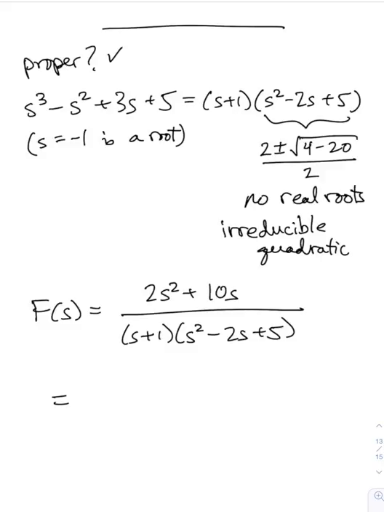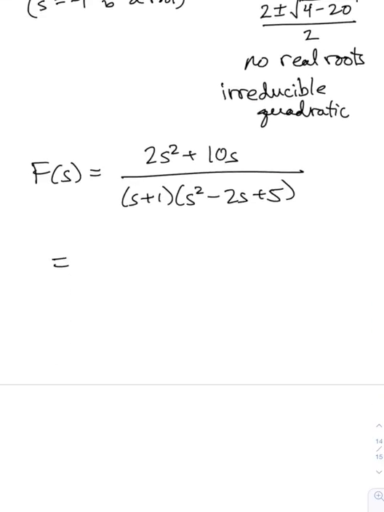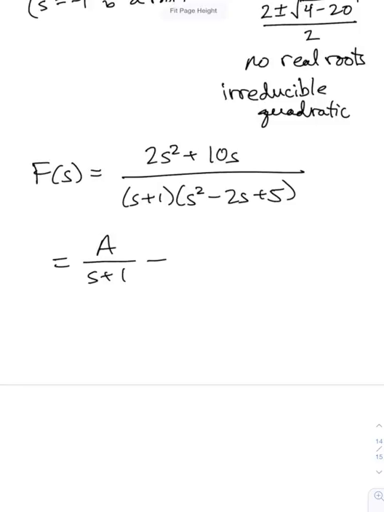I need to write down the form of the partial fractions decomposition. So s plus 1 is a linear factor. It's not repeated, so I just get A over s plus 1 for that factor. The second one is an irreducible quadratic. It's not repeated, so I just have one fraction with it, and it's got this as the denominator. But the numerator has the form Bs plus C.